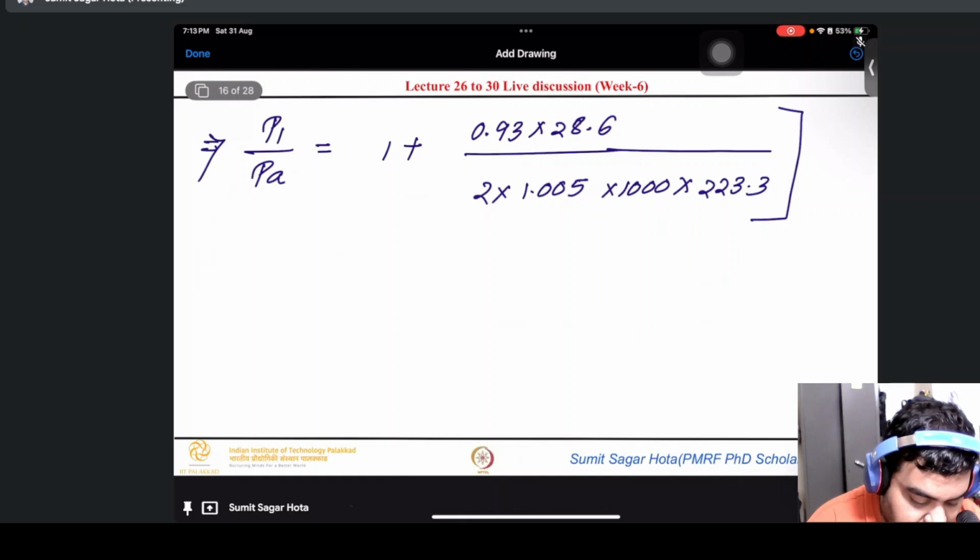If you put 1.4 for gamma, then the exponent ratio is 3.5.